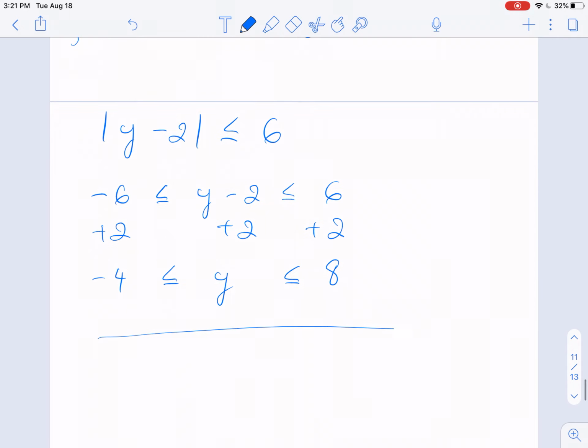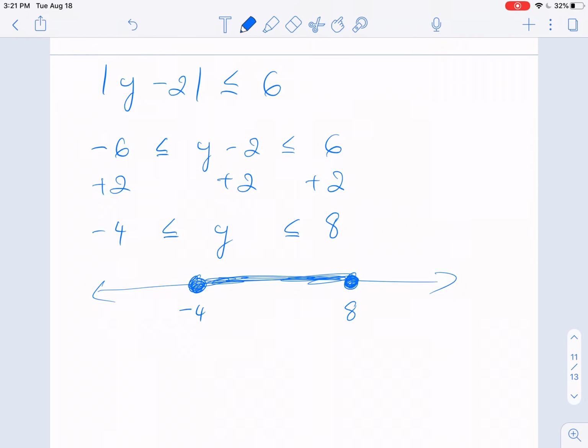You see, so now you can see that our answer is right in the middle of negative 4 and 8. Okay. So if you want to write the interval notation, it would be negative 4, bracket for negative 4, and bracket for 8 as well.